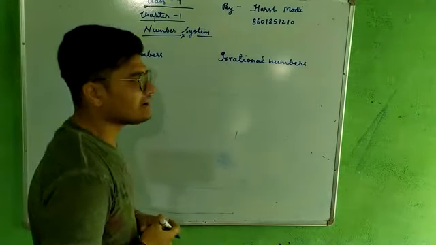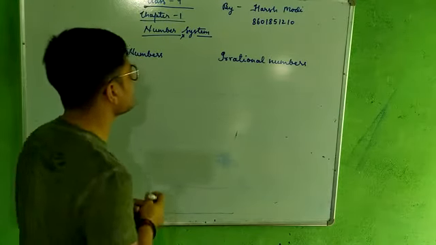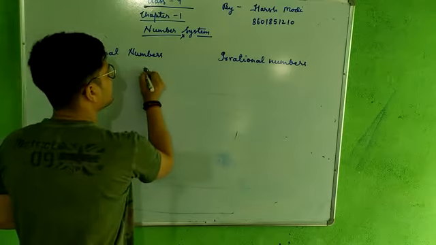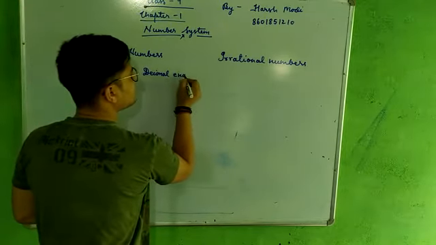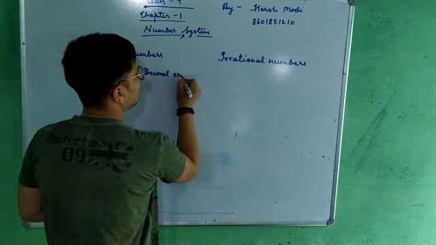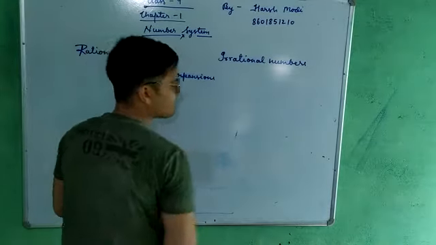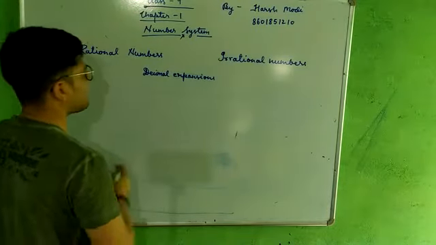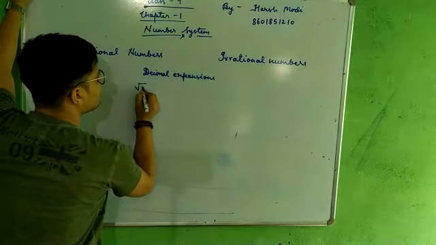First of all, we'll take some numbers and do their decimal expansions. Here we have numbers like under root 2.